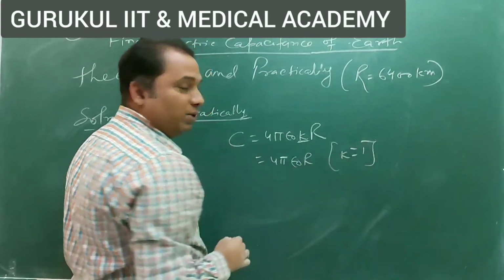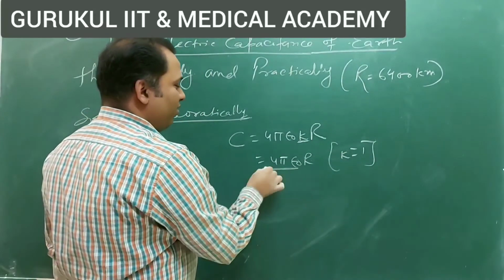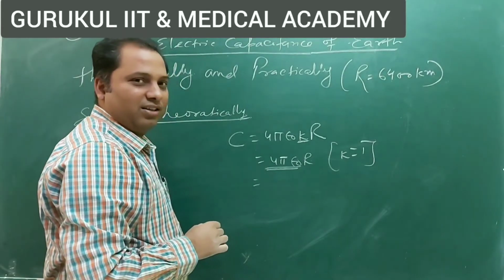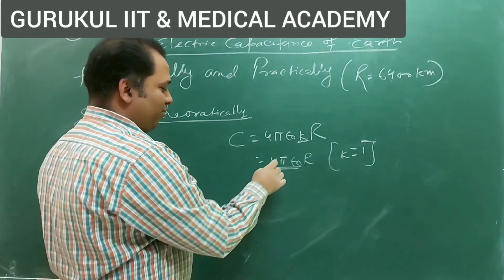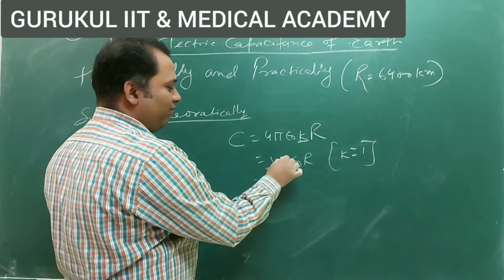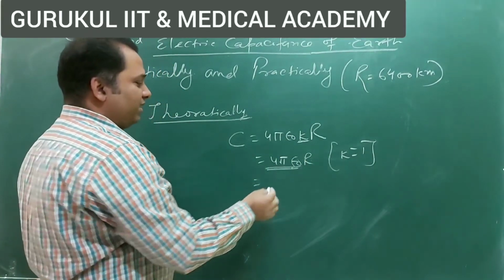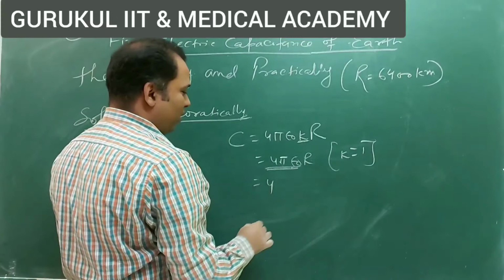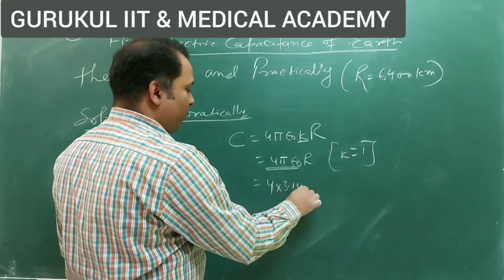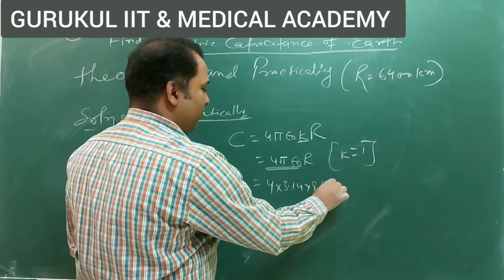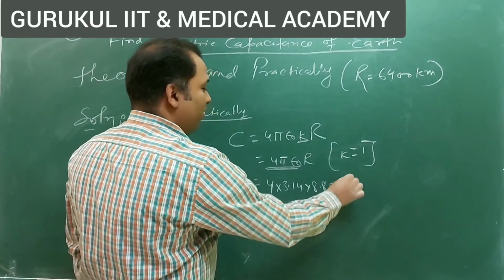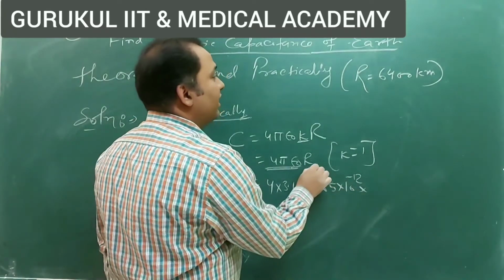For air K would be 1. So what would be the value of 4 pi epsilon naught? Directly you can put 4 and pi, value of pi and value of epsilon naught you know, or directly 4 and 3.14 and 8.85 into 10 to the power minus 12 and R, the radius.